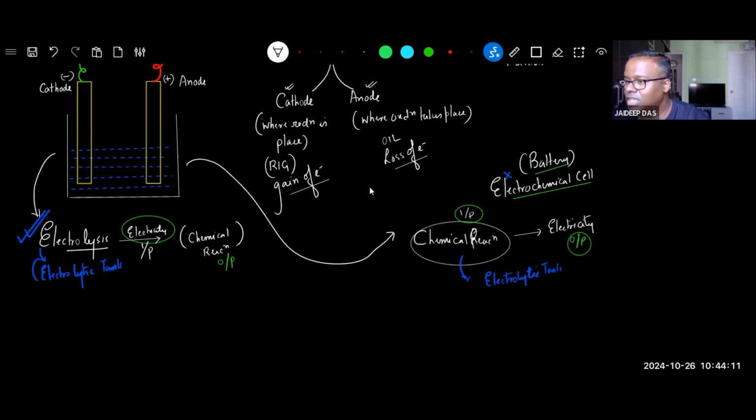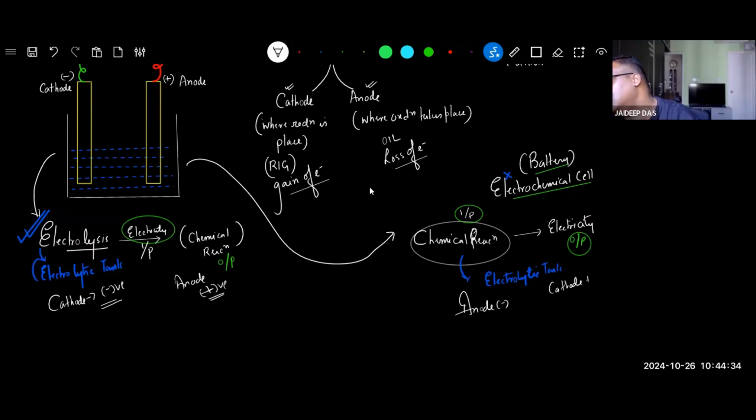In this side of things, cathode is always the negative terminal and anode is always the positive terminal. Please do not think that cathode is forever negative. No, here it is reversed. Here the anode becomes negative and the cathode becomes positive.